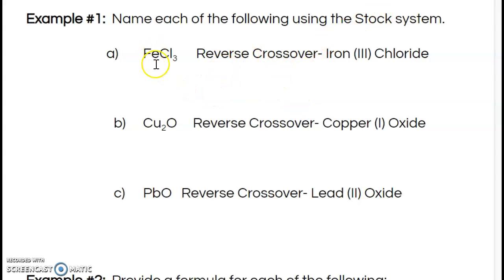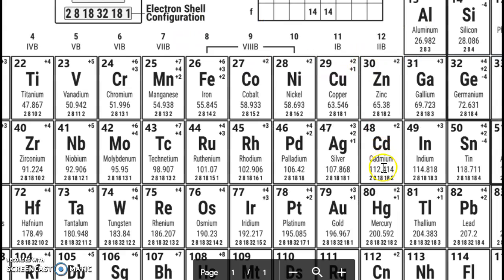Okay, iron, so Fe is iron, chloride. If we do reverse crossover, my 3 comes up to my iron, and my 1 comes up to my chloride, and I'm left with iron 3 chloride. Now let's go to iron and see if iron does in fact have a +3, and yes, it does.